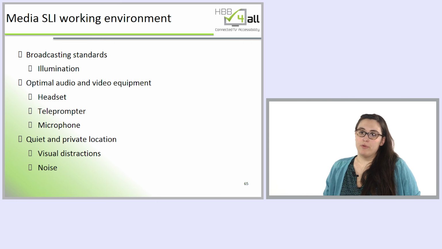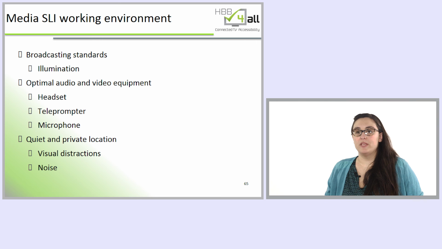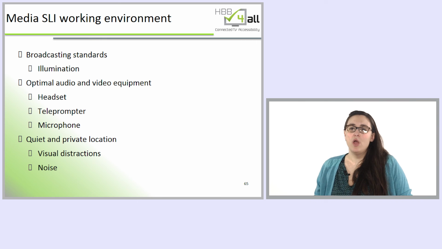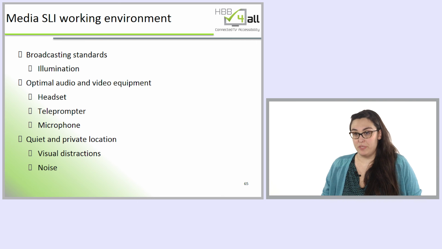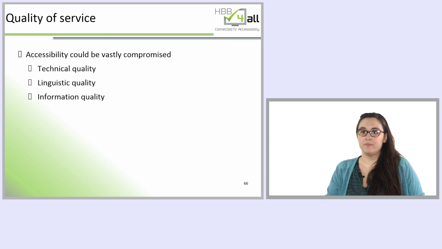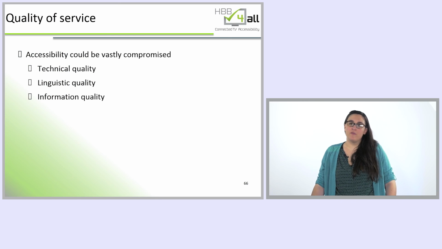For example, when appropriate, headsets should be provided, teleprompters or microphones, depending on the interpreting service. And it is also important that the recording is made in a quiet and private location where there are no visual or auditory distractions that can interfere with the interpreter's job. So all these aspects, of course, affect greatly the quality of the service and the accessibility. And in fact, accessibility could be vastly compromised if the technical quality, the linguistic quality, or the information quality is not met.